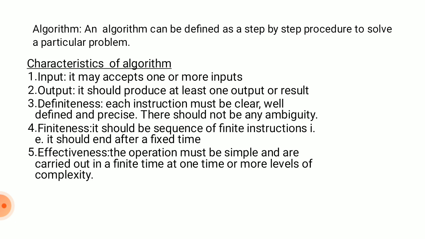The third characteristic is definiteness. Definiteness means each and every instruction must be clear, well defined and precise. There should not be any ambiguity. Whatever instructions we write in an algorithm or in a problem, each and every instruction must be clear, well defined and precise.